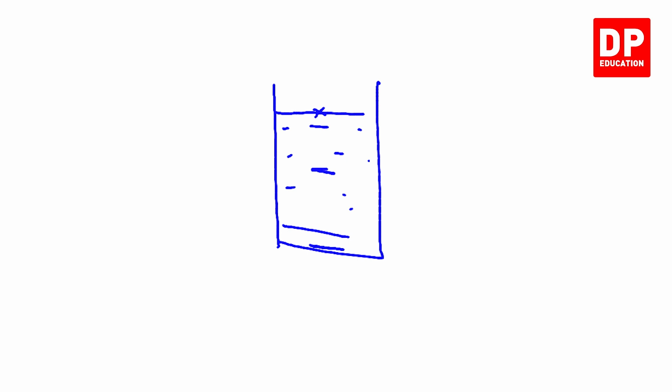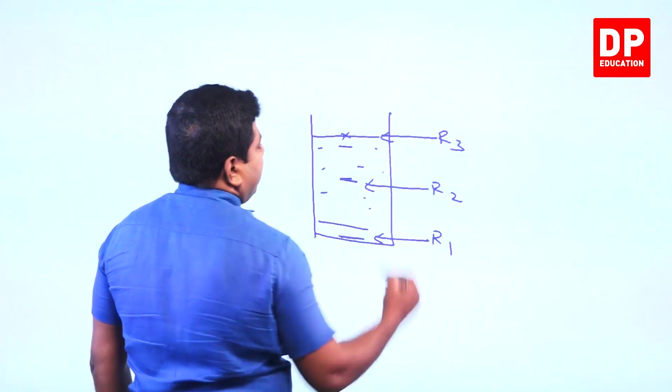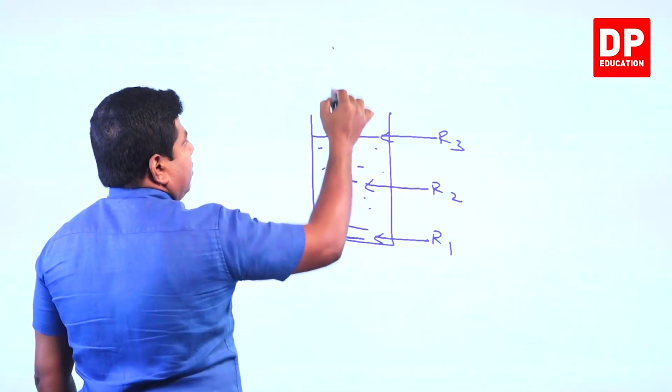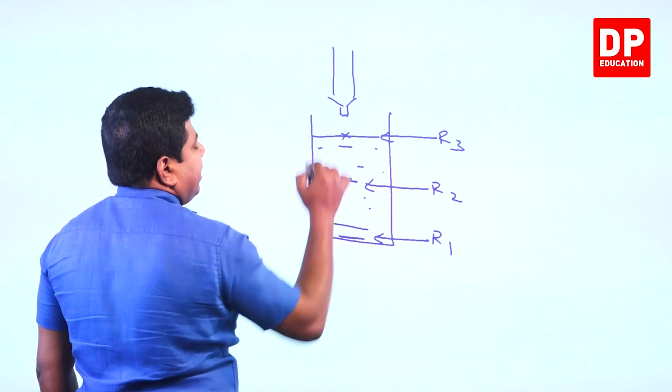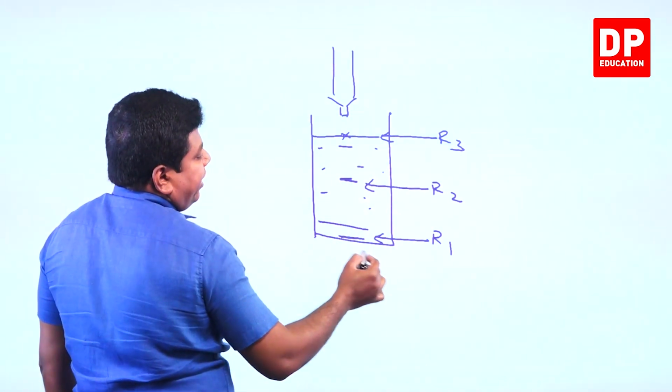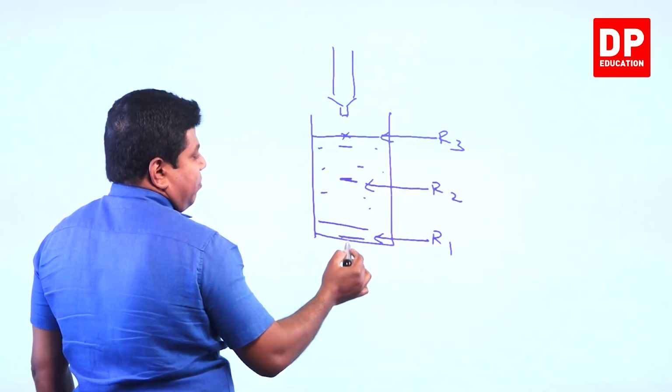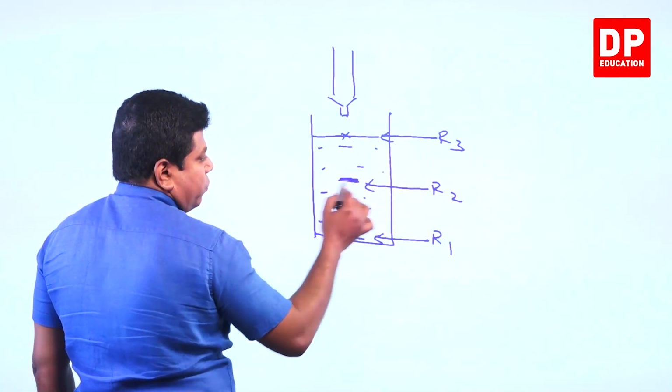So at this point you got reading 1, reading 2, reading 3. Am I right? Reading 1 was without the water, only the pin was there. You focused on the pin and got the reading. That is reading number 1. Reading number 2, after you filled that with water, again you focused on the pin. That means you will be seeing this image. So that is reading number 2.